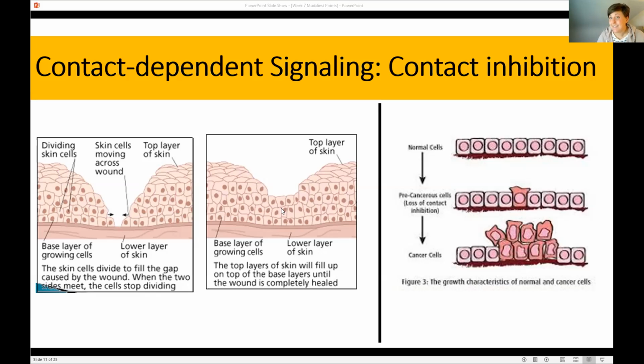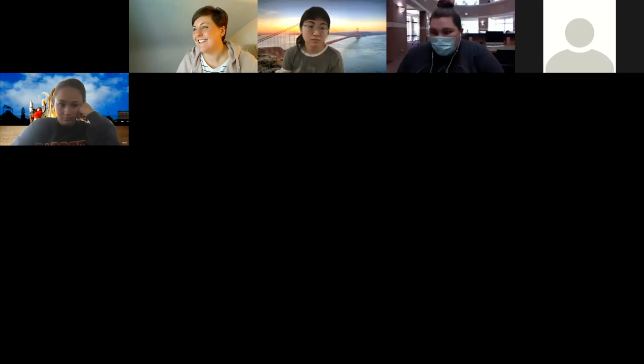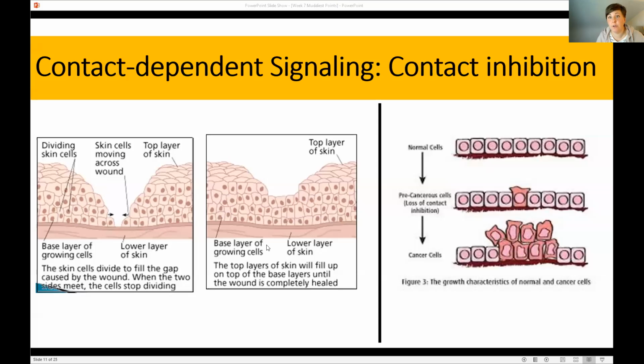But if they didn't stop, and if they kept growing, you would get cells on top of cells on top of cells, and then you would get a mass on the skin. That is what you call a tumor, when you have cells grow and grow and grow and not stop.